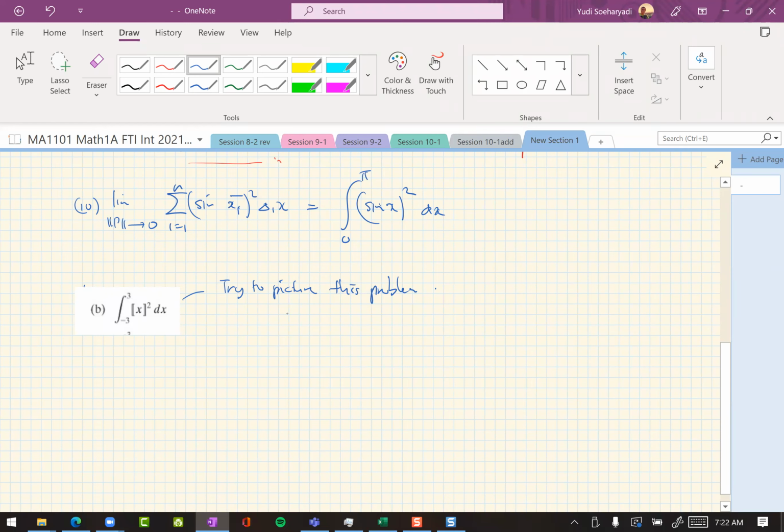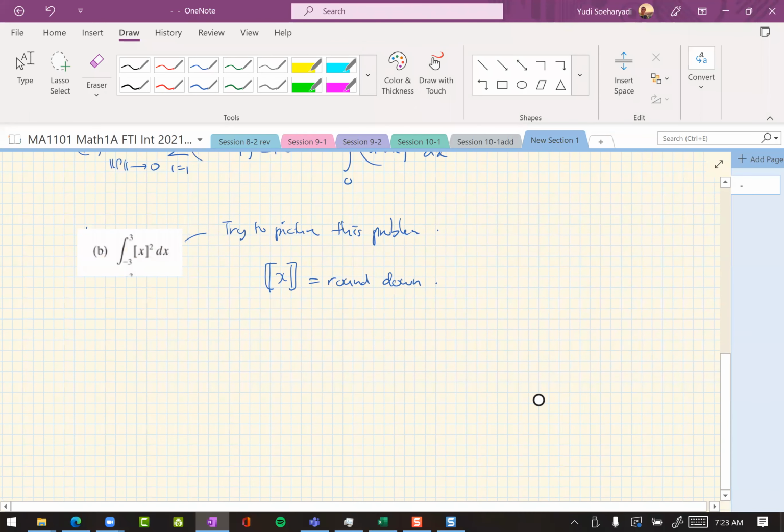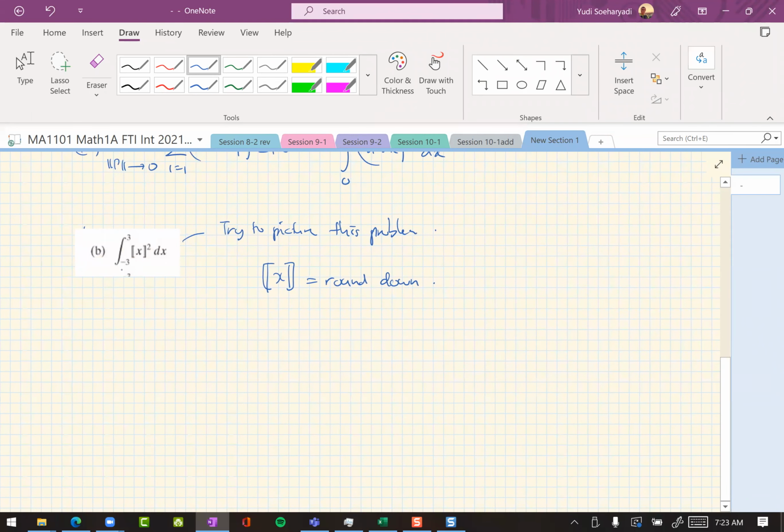Recall that, okay, you would like to find, you round down x and then you square it. So what we do here is try to picture this first.